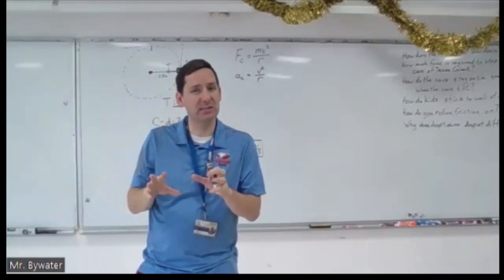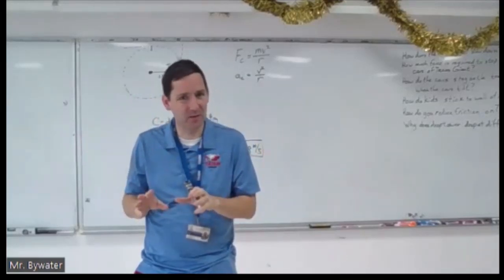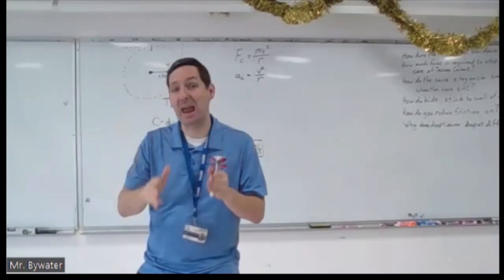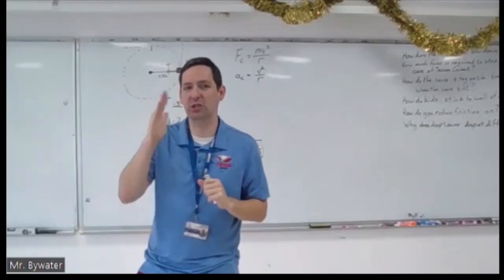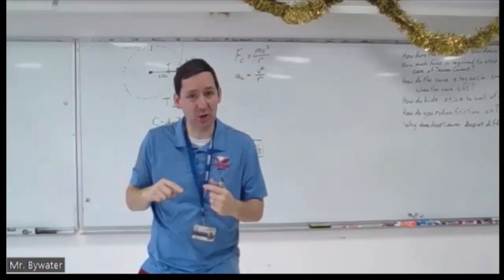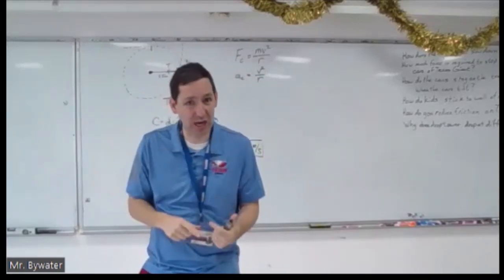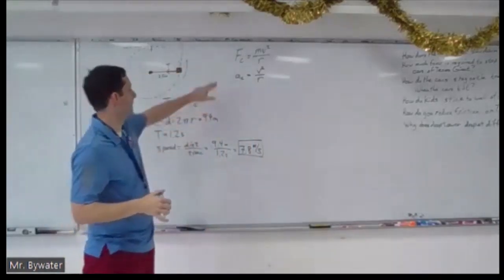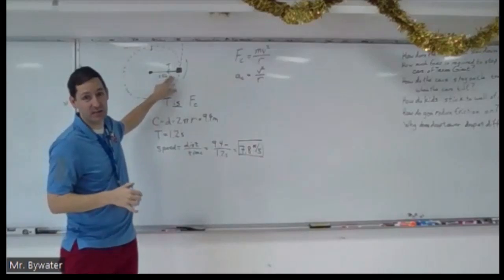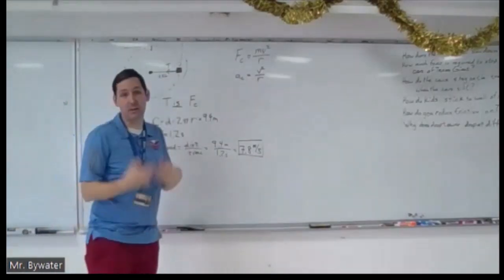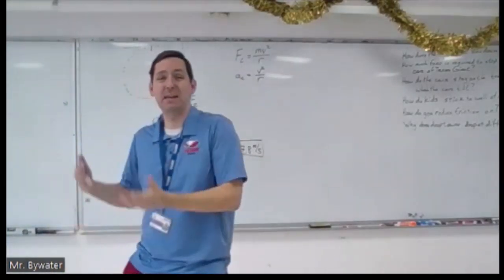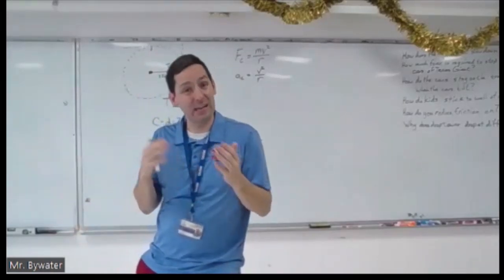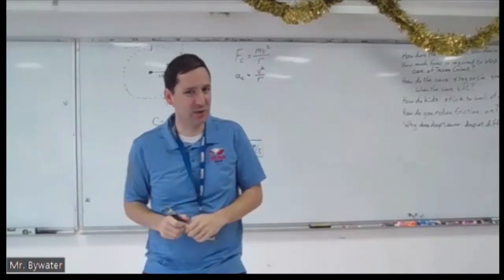Even though the speed is constant, there's still acceleration, because acceleration is a change in velocity, and velocity has magnitude and direction. So if the direction is changing as we go around the circle, then our velocity is changing, and so therefore there must be acceleration. The other thing, remember, is we definitely have an unbalanced force here, and F equals ma. If there's an unbalanced force, there must be acceleration. That doesn't mean speeding up. It just means the velocity, either the magnitude or the direction, needs to be changing.